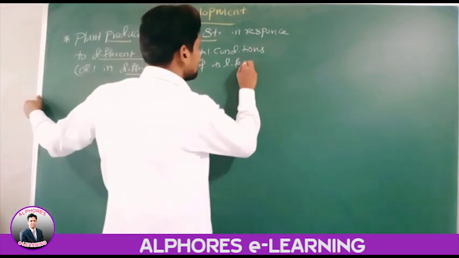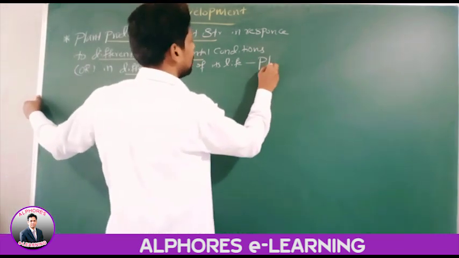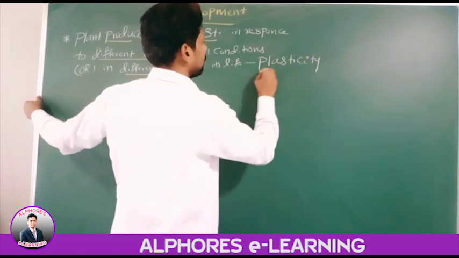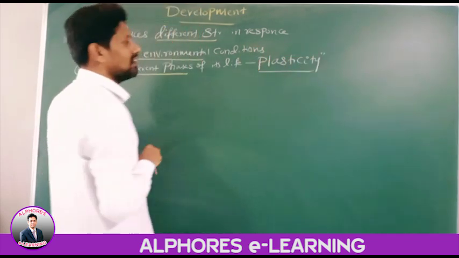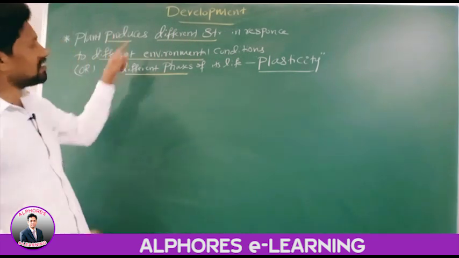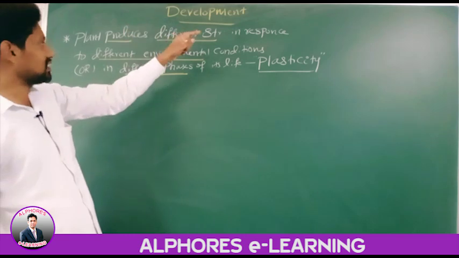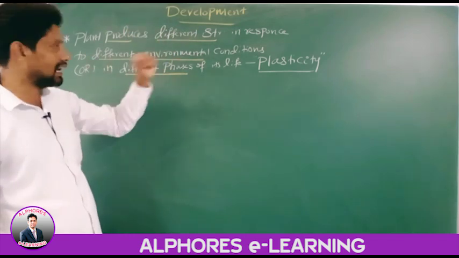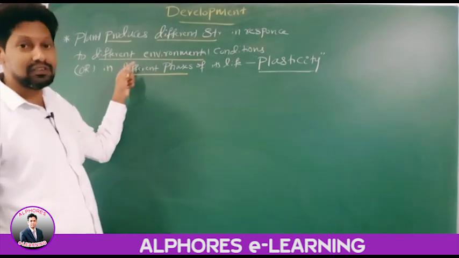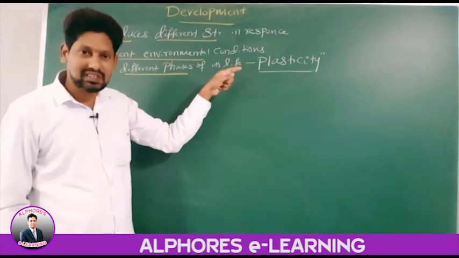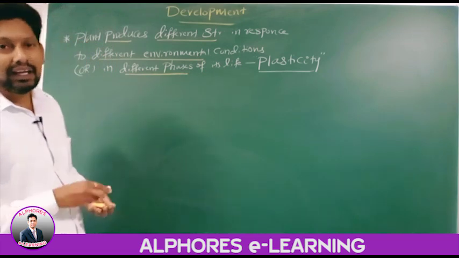This ability of plant is called plasticity. Therefore, what is the meaning of plasticity? Ability of a plant to produce different types of structures in response to different environmental conditions or in different phases of its life is called plasticity.